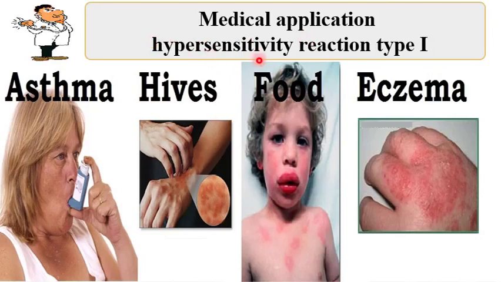Hypersensitivity reaction type 1 appears as bronchial asthma in the lung, or hives in the skin, or food allergy, which appears as enlargement in the lips, or eczema in the skin. This is the manifestation of hypersensitivity reaction type 1 mediated by mast cell and the allergic mediators.